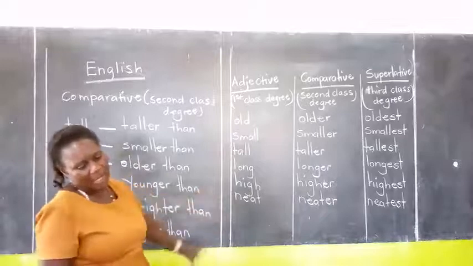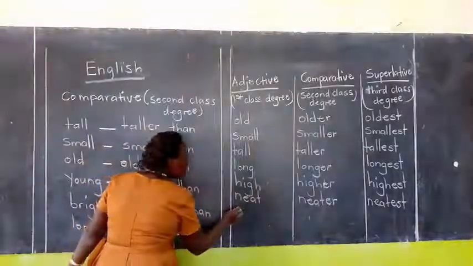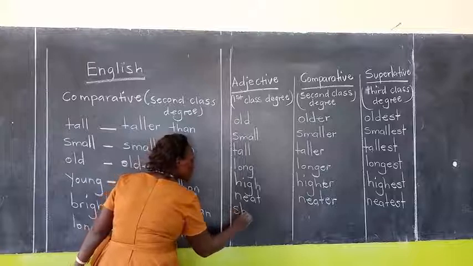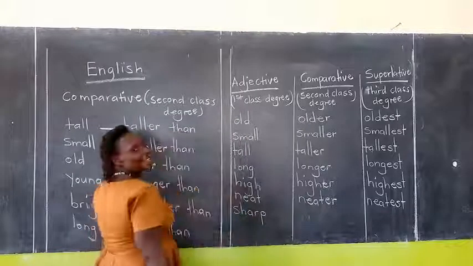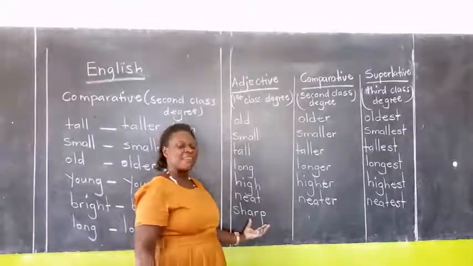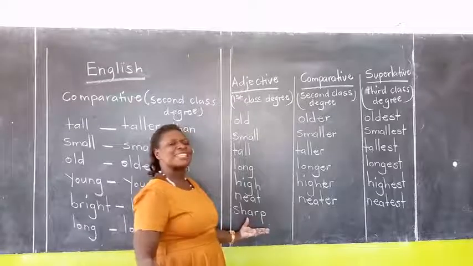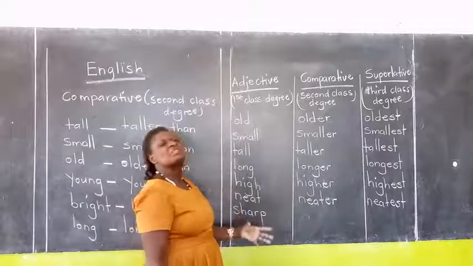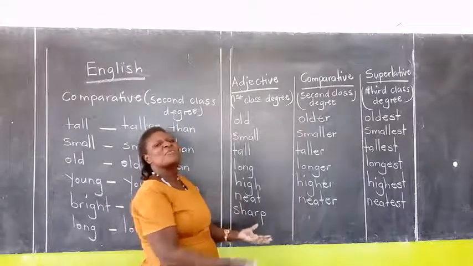Then we also have sharp. For example, you might be having a knife. When you are regarding that knife as a sharp knife, that knife cuts very fast without getting stuck anywhere. But there are those knives you try to slice something with and you are just struggling.